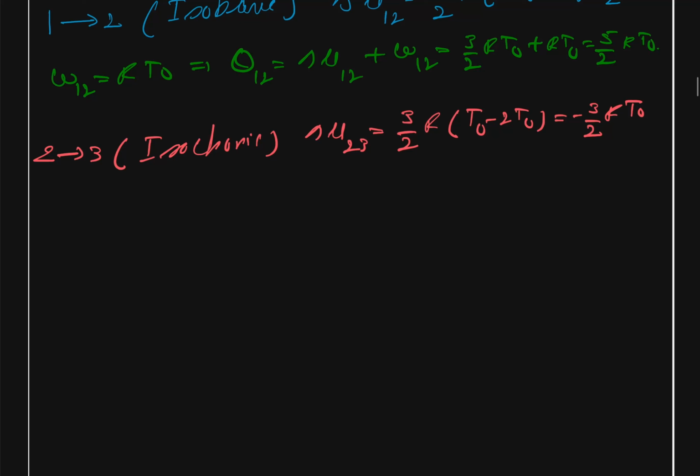Work done for 2, 3 is 0. Therefore the heat will be only minus 3 by 2 R T naught, or because the question is only with respect to the magnitude, Q23 will be equal to 3 by 2 R T naught.